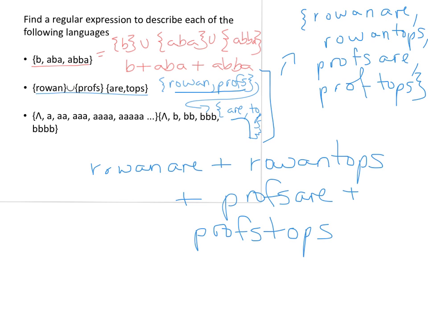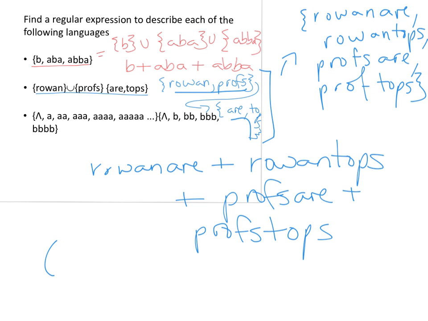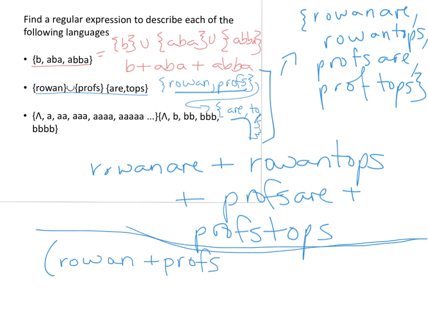A simpler way would be to go back to something that looks more like this expression that I have, which would be to write Rowan plus profs. Let's just draw a line so you can see where this breaks up.